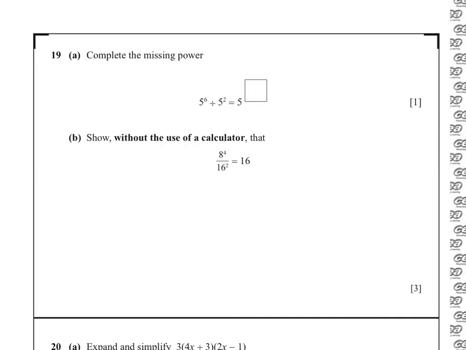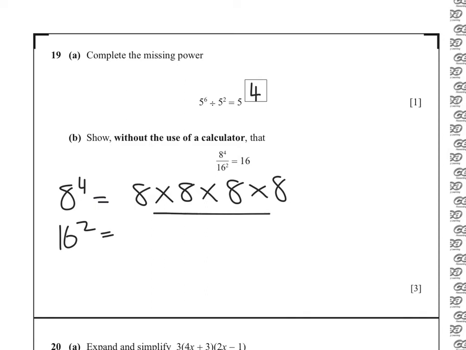Complete the missing power. When we divide, we subtract, so 6 take away 2 is 4. Show without the use of a calculator. So 8 to the power 4 is 8 times 8 times 8 times 8, and 16 squared is 16 times 16. 8 goes into 16 two times. 8 goes into 16 two times.